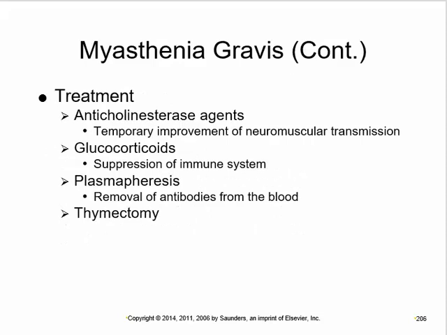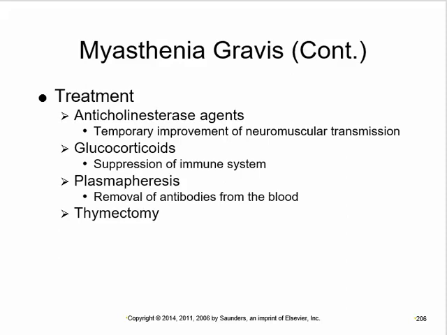So it's treated by making the muscles work as well as possible, and that is by not removing the acetylcholine from the synapse, so that you get as much stimulation as possible. And they do that by using a drug that blocks acetylcholine esterase, which removes it. So you get some improvement at the neuromuscular junction. We use glucocorticoids, prednisone, for its immunosuppressive properties, so that we're not making the antibodies.